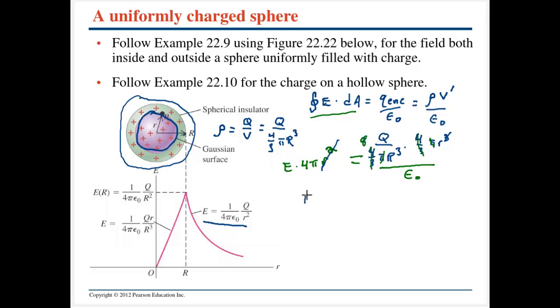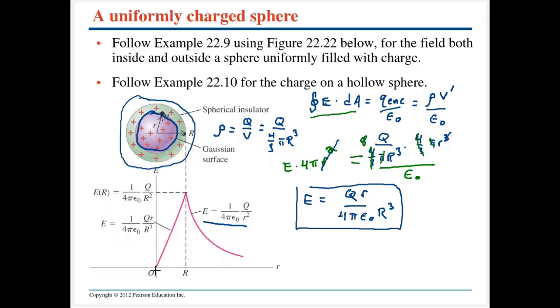What I'm left with is that the electric field is going to be equal to the charge multiplied by just one single radius r divided by 4 pi epsilon naught, and then I'm going to have big R cubed, so it's going to depend linearly on radius.